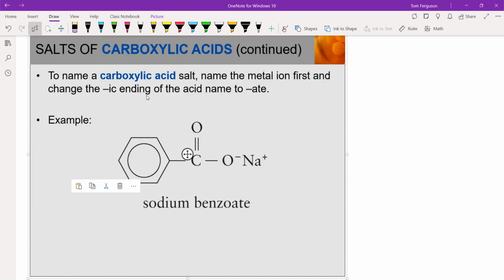So whenever we're naming the salt, we're adding ATE. And frequently, like this would be, the ic goes to the ate.